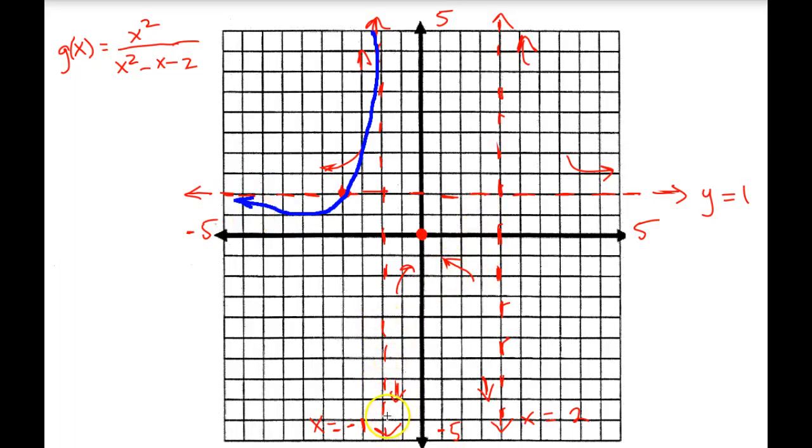Coming from the other side, we know we start down, we come up, and we're going to have to touch where we have the x and y intercept and then come back down like this.